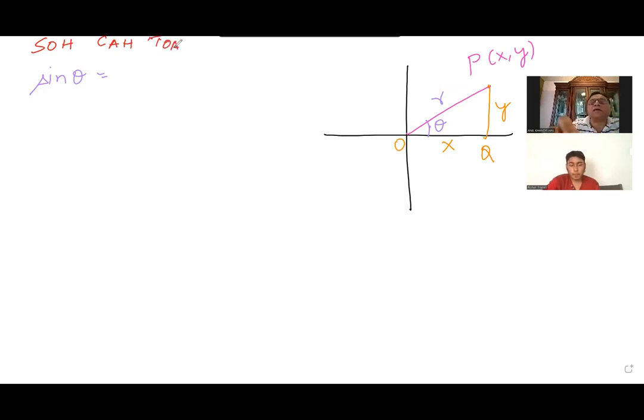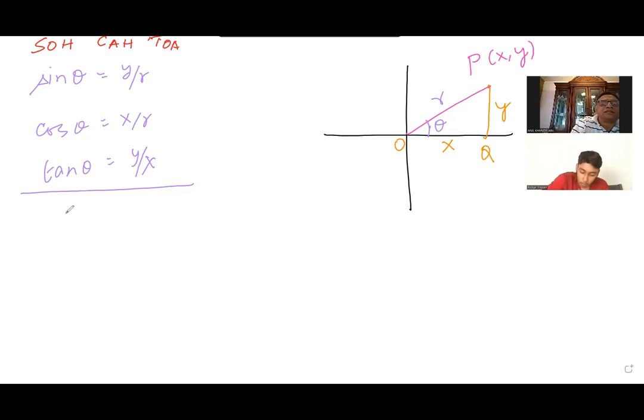So sine theta is equal to y over r. Cos theta is x over r and tan theta would be y over x. So we can put our ratio identity sine over cos. Tan theta is y over x, right? So let me prove the first identity.